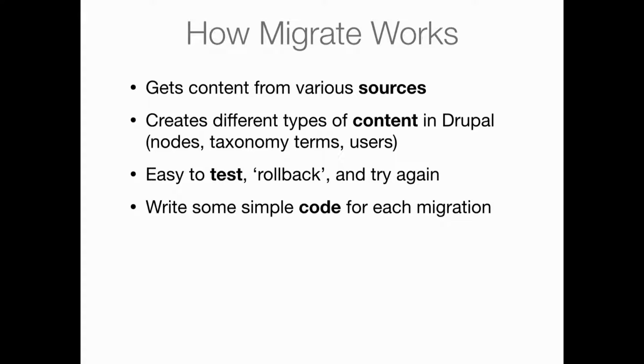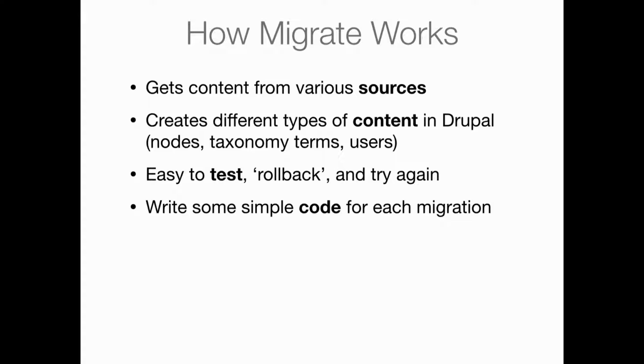Okay, so how does Migrate work at a high level? Whatever situation you have, whether you're creating a new site or upgrading a site, your content has to come from somewhere. So Migrate works with different sources. A source is where the data is coming from.